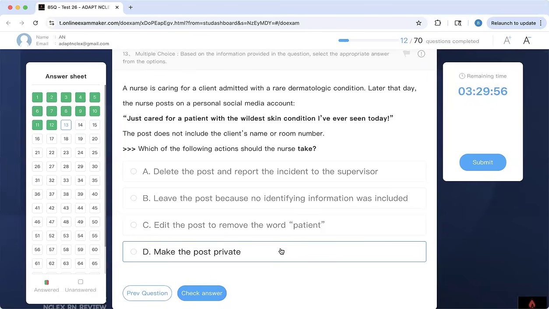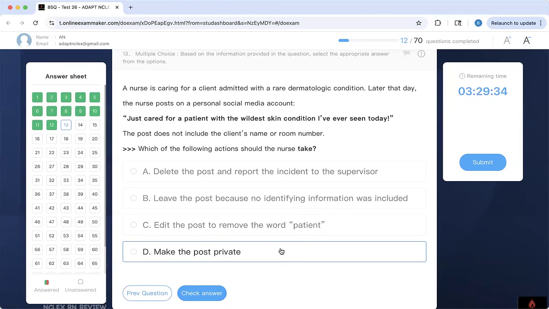Which of the following should the nurse take? Delete the post and report the incident to the supervisor. Leave the post because no identifying information was included. Edit the post to remove the word patient. Make the post private. What do you think? Based on what she said, just cared for a patient with the weirdest skin condition I have ever seen. There's no name, there's no room, there's no hospital.